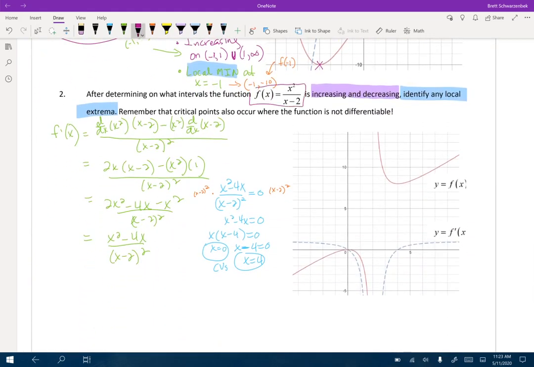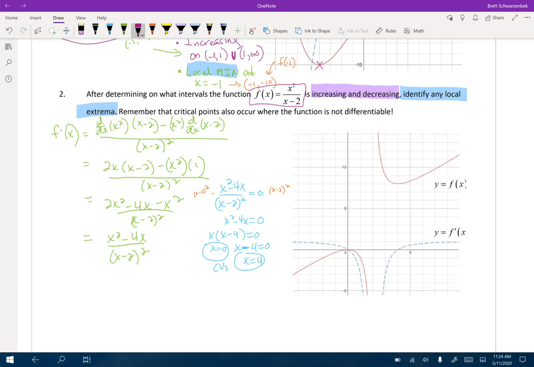Is there anywhere where the derivative does not exist in this function? Well, we know it's a rational function, so there's no corners or cusps or vertical tangents, but we do know that most rational functions do break continuity. So where does it break continuity in this problem? That should be really easy to see because division by 0 is a problem.